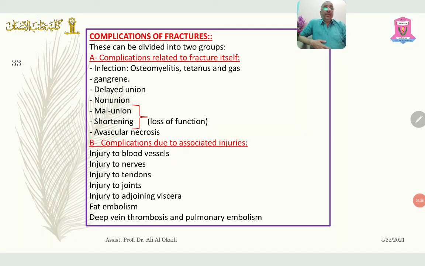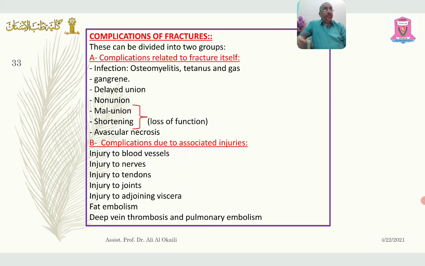Complications of fractures. These can be divided into two groups. Complications related to the fracture itself, اللي هو infection such as osteomyelitis, tetanus, and gas gangrene, delayed union, non-union, malunion, shortening, avascular necrosis. Complications due to associated injuries, مثلا injury to the blood vessel, في حالة يسمونها ischemia أو necrosis.